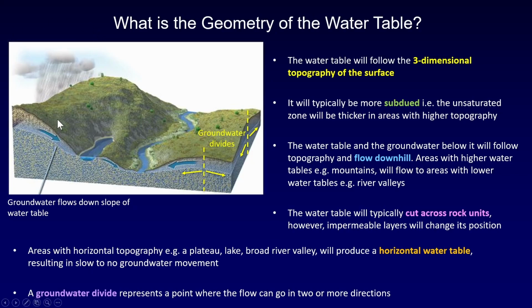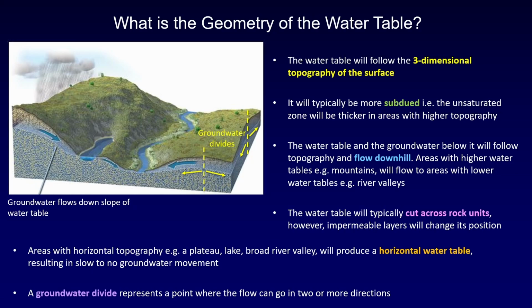And so you can see in this case over here where we have the elevated topography, you can see we have an extensive unsaturated zone. And so in this area here, we would describe the water table as subdued because the unsaturated zone is so thick. In contrast, when we come down here, we can see the unsaturated zone is tiny, and so we would not refer to that water table as being subdued.